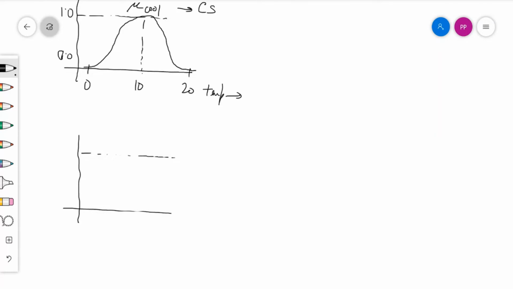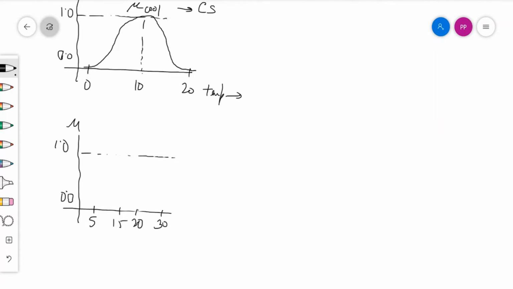So maybe I can define mu 0.0, and now the range can be redefined in such a way that 5, then 15, then 20. So we can have here 20, then 30, then I have 30 over here.